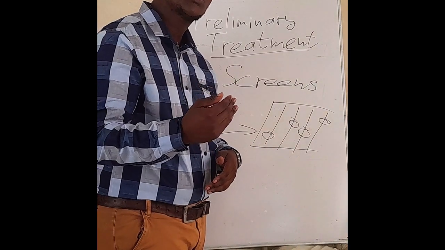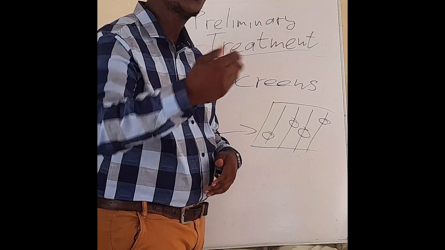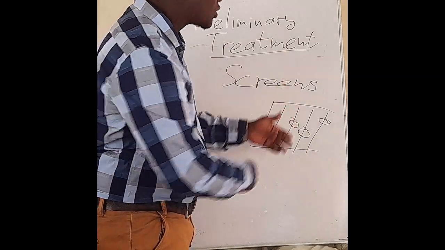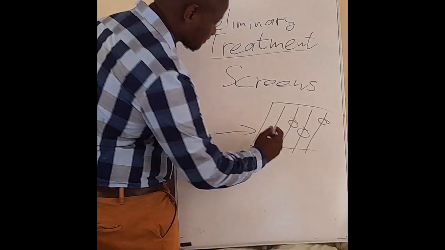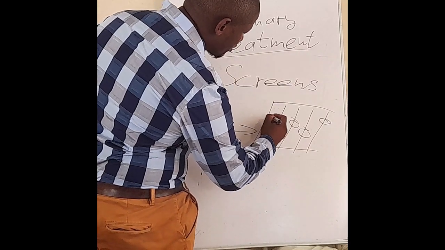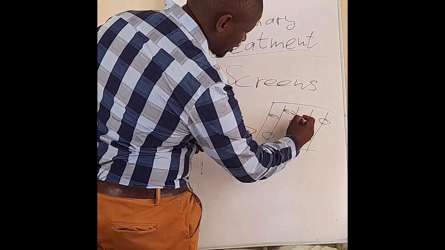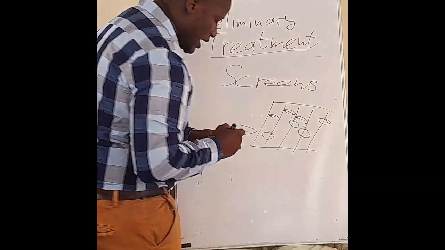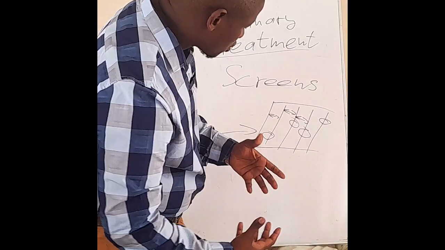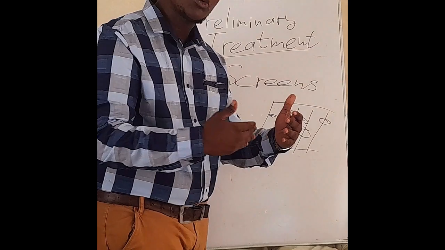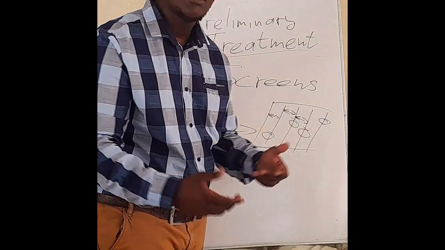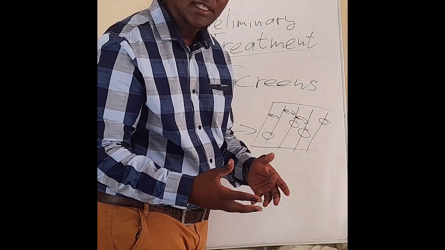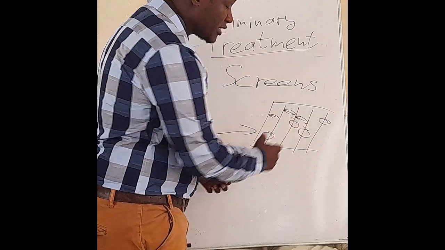At times you'd also get two screenings, the first one and the second one. What would then be the difference? The difference would be the openings in between these bar screens. If you're going to be having two, the first one will have bigger openings, maybe about 10 millimeters.